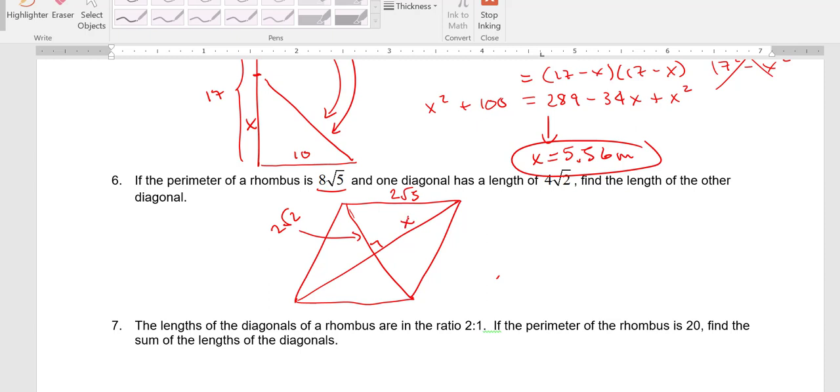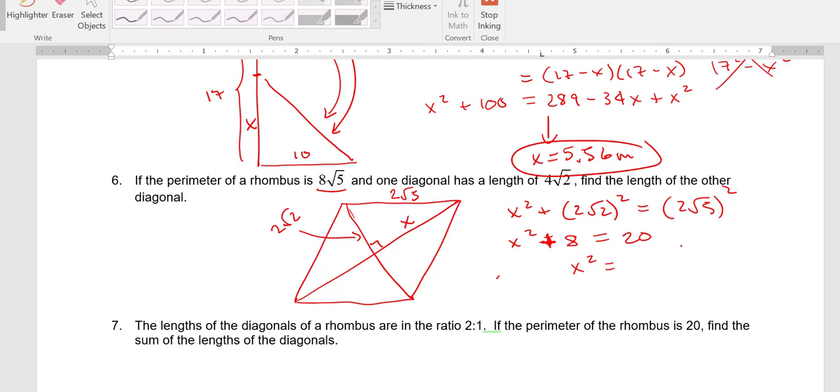And then to find the length of the other diagonal, I'm going to make that x. So it's going to be x squared plus (2√2) squared is equal to (2√5) squared. And so x squared plus 8 is equal to (2√5) squared, which is just 4 times 5, 20. I can do this one in this way.